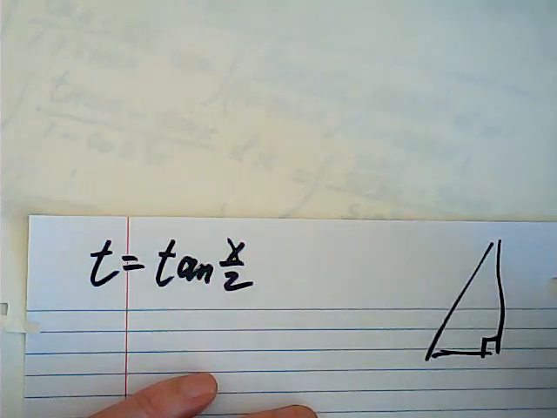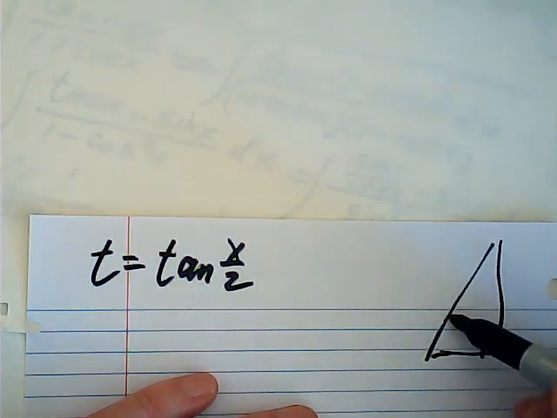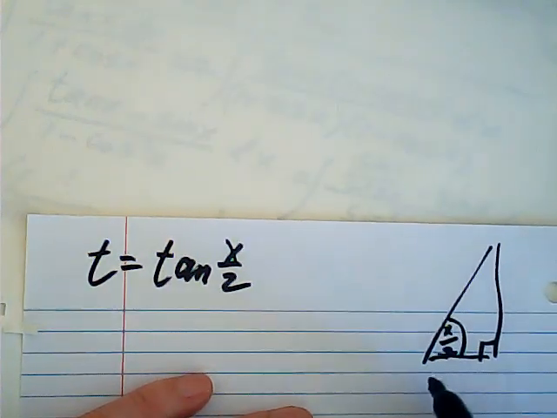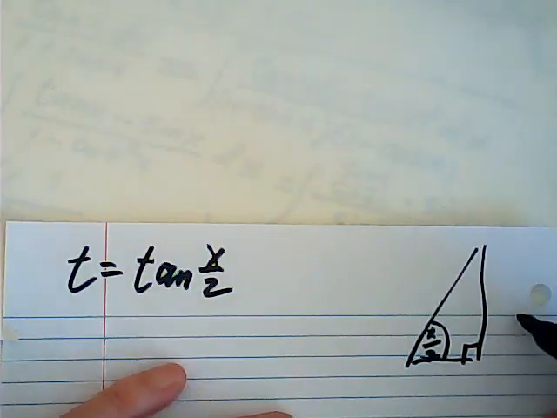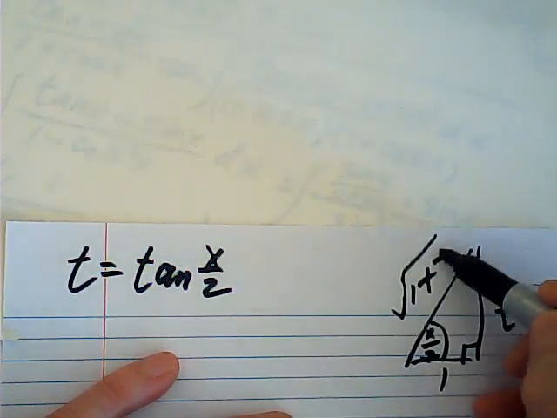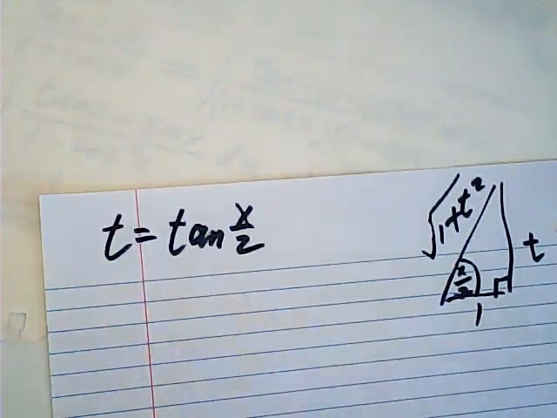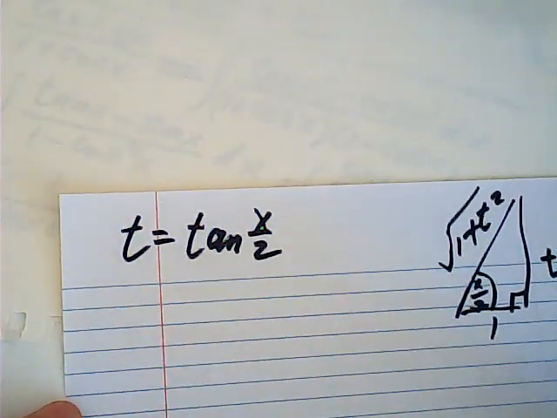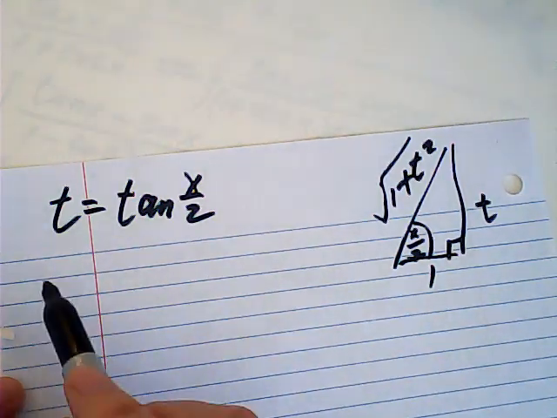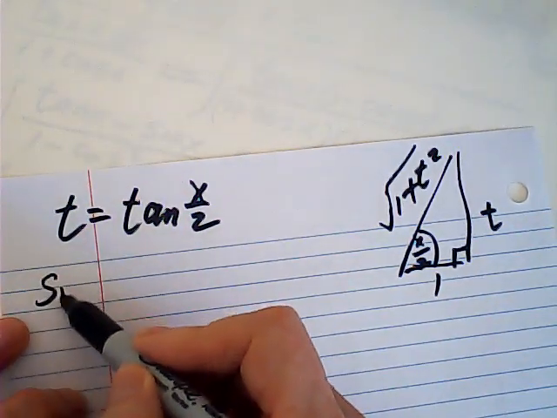So therefore, my triangle is that this angle is half x. This is t, this is 1, right? This is the square root of 1 plus t squared. First the sine, okay?